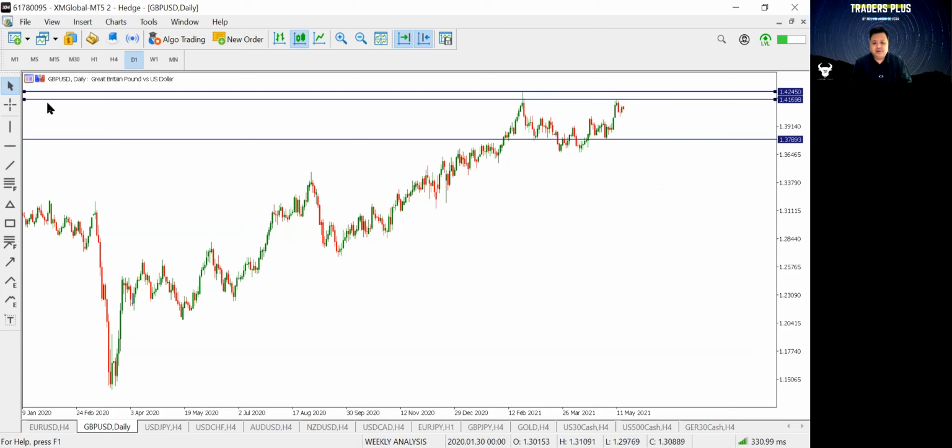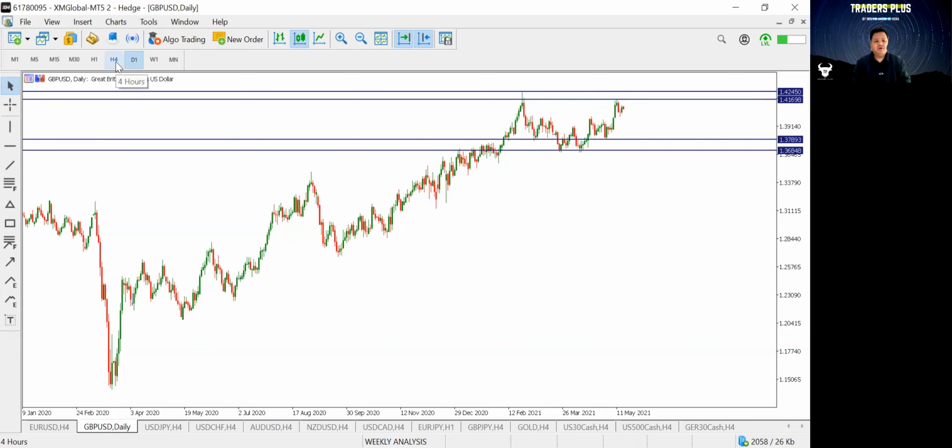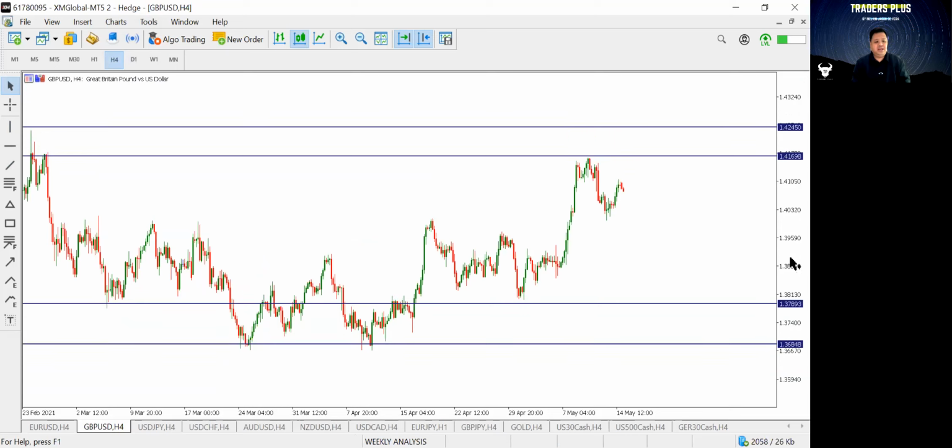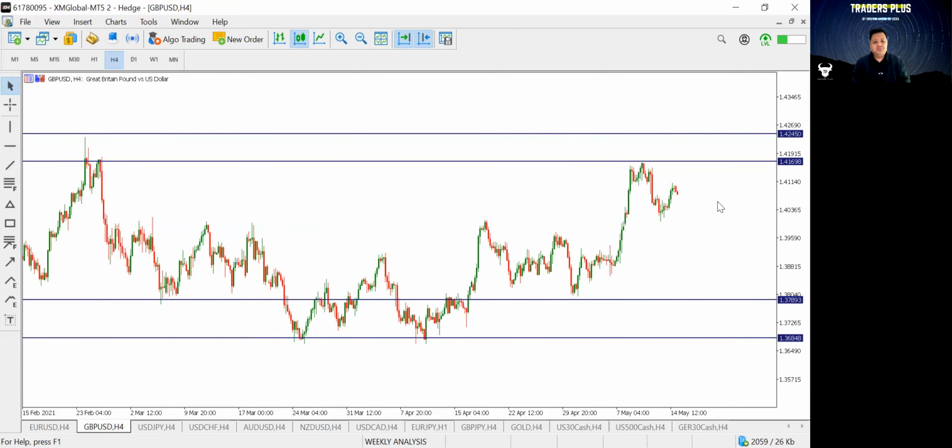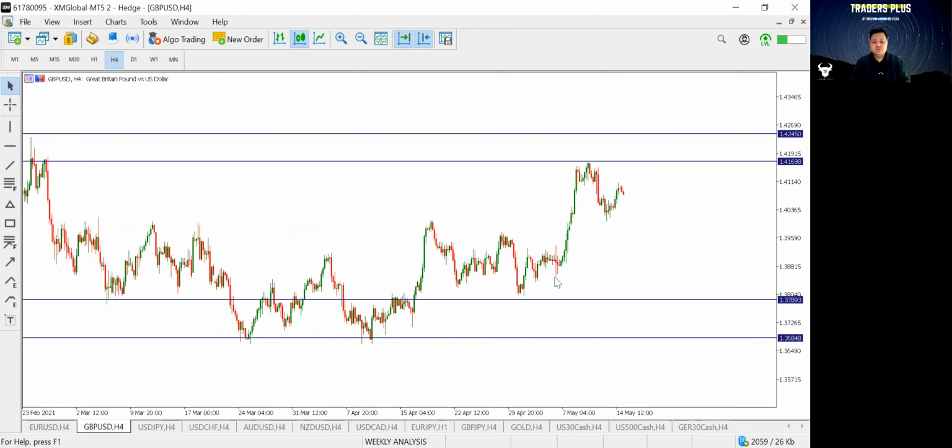Let me find the next support level. Ito. Yan. Okay. Now, if we're going to go to the H4, so yan ang ating mga immediate levels. Okay? What I can see here, pwede pa rin itong umakyat dito, but ang bias ko pa rin ay sell bias.